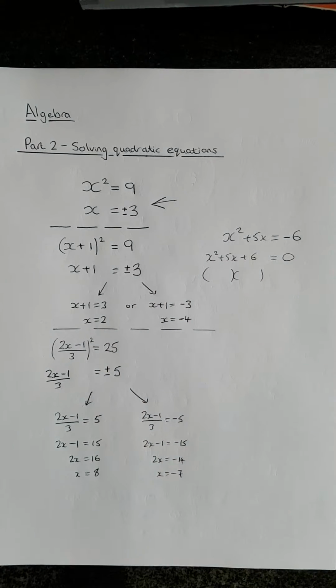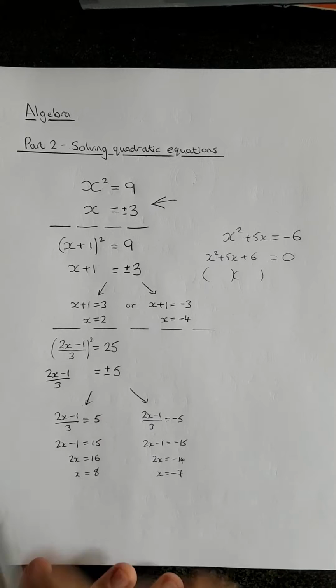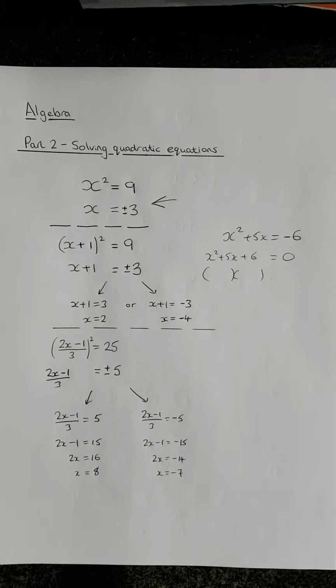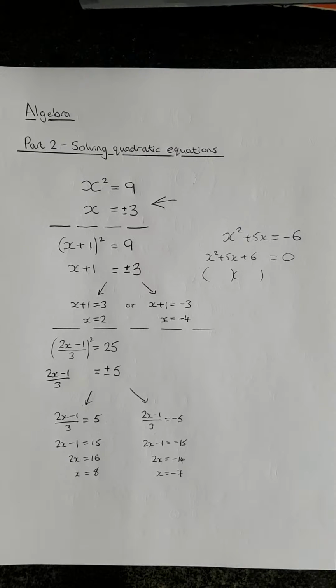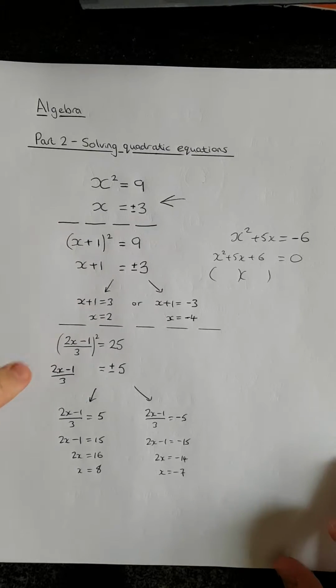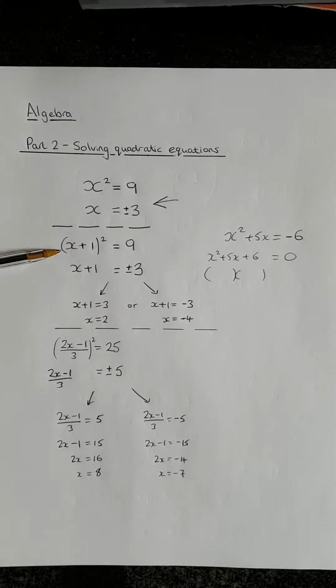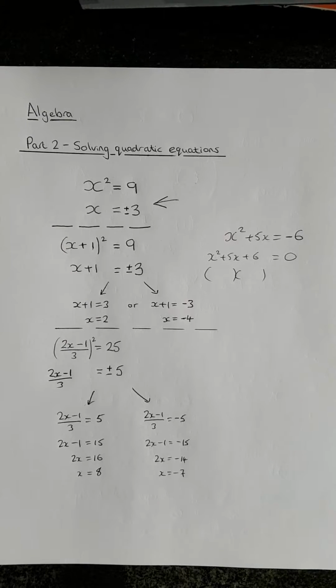And that's true. But actually, what we've done here is going to lead in really nicely to the trickier ones to come. And we're going to use this kind of method because it appears to me if I can get a quadratic equation into this format, I can always solve it.